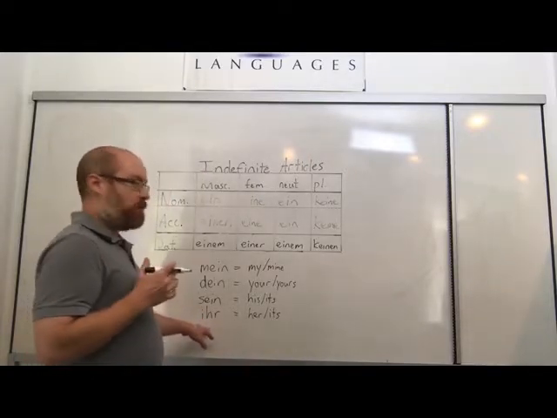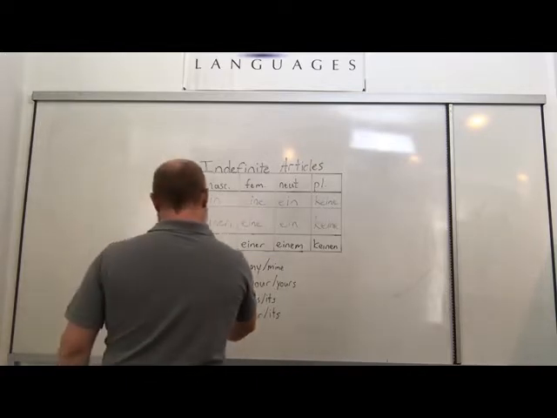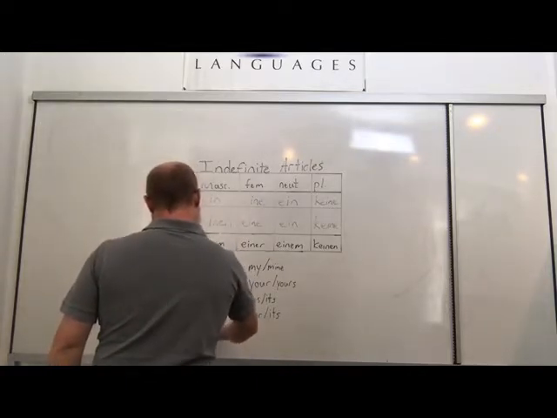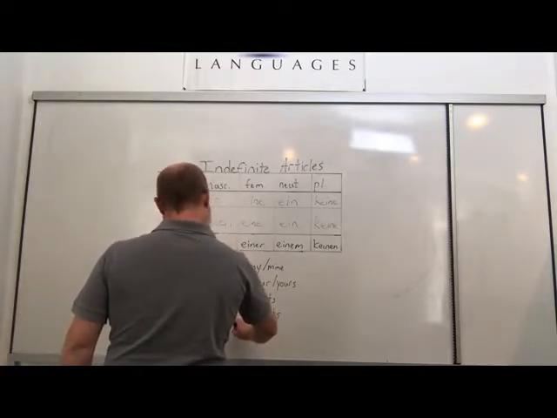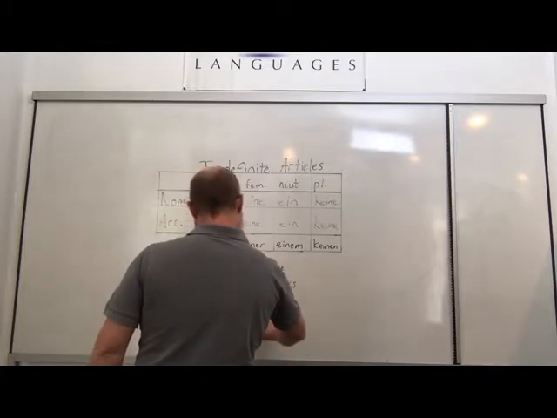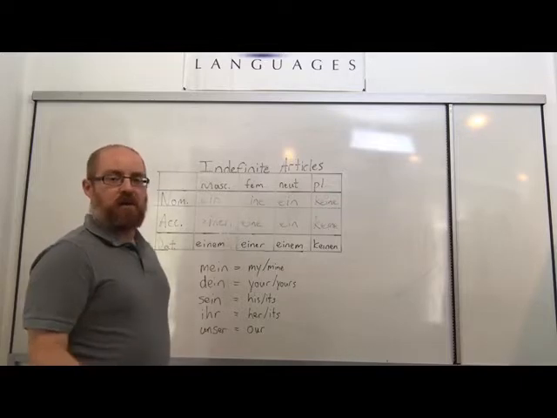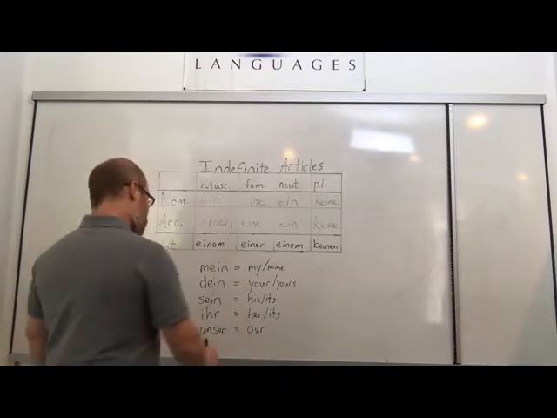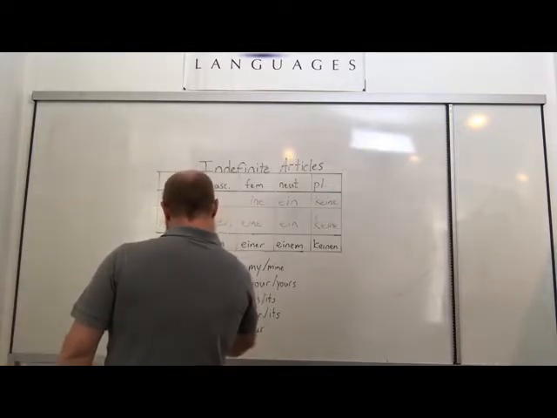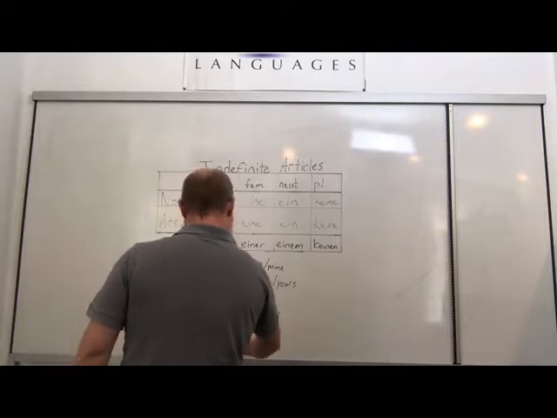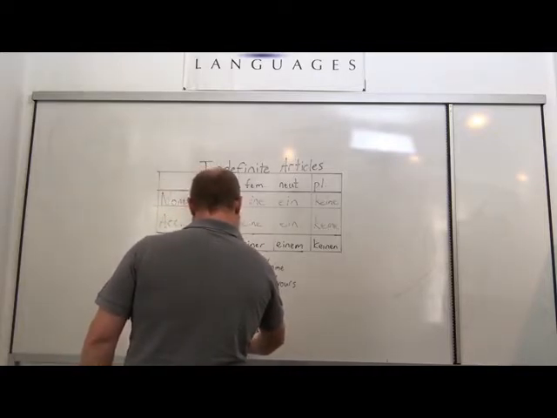For our, we have unser. For you alls, or y'alls, as I like to say, we have euer. This is the second person informal you, but in the plural.